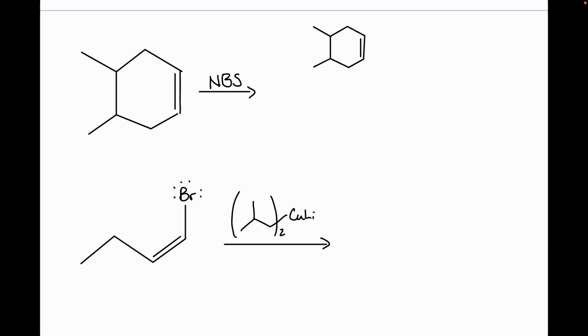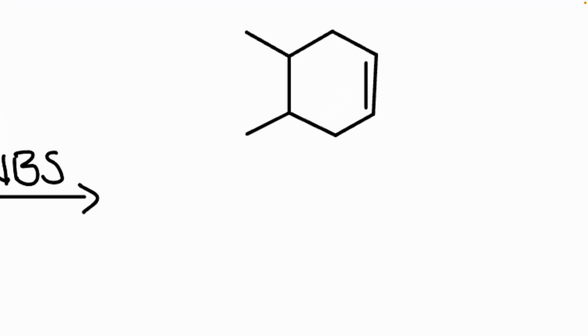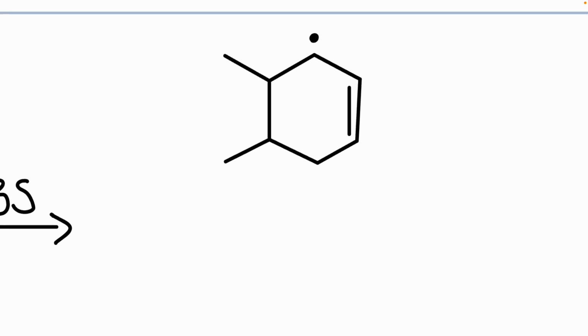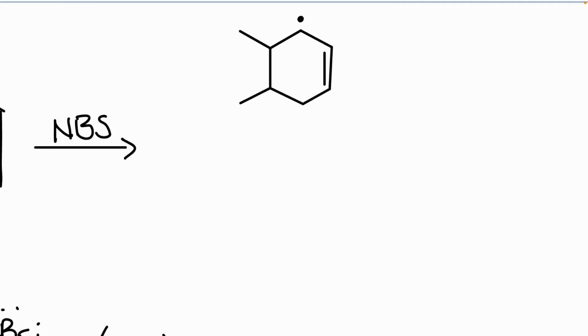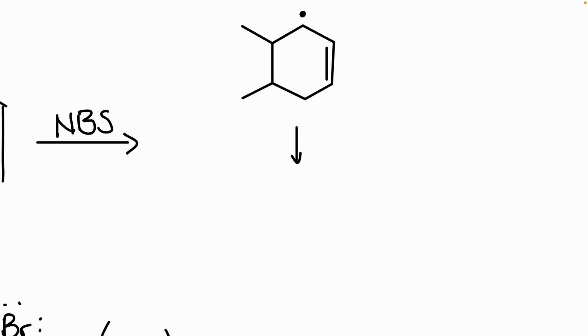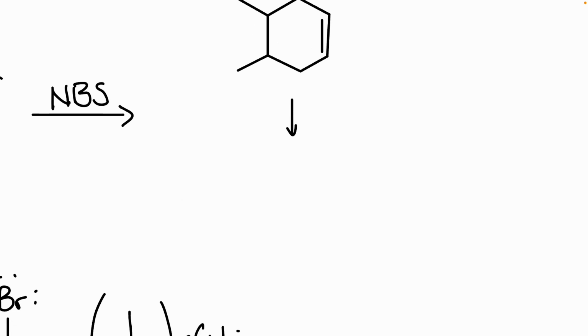All right, so remember NBS, when you think NBS, you think the allylic position, right? So one carbon removed from that double bond. Okay, and so when the radical forms in that allylic position, I'm going to get my bromine added there.